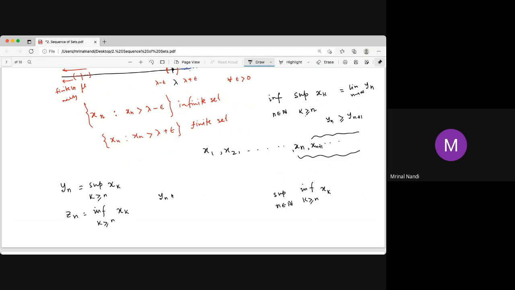Now yn must be greater than or equal to zn. It is clear. Now your yn is a decreasing sequence, and your zn is an increasing sequence. And obviously the supremum yn must be greater than or equal to the infimum zn.